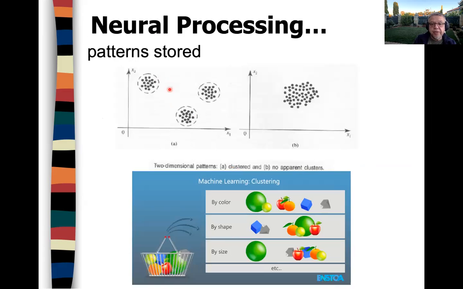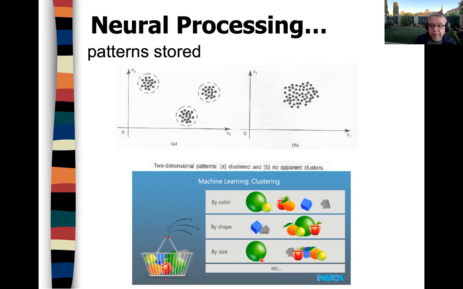And so this is an example of clustering. You're feeding your network a number of objects, and if you want to cluster them by color, you will have all the greens together, the reds together, the blues together, and so on. If you want to cluster them by shape, then these shapes would form a cluster. If you're clustering them by size, it depends on the criteria of clustering.